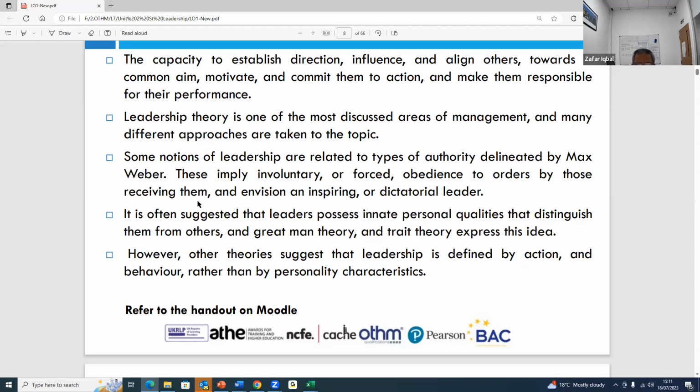These authorities can be involuntary, they can be forced, they can be given by order, or they can be inspiring to other people, or they come from other leaders.